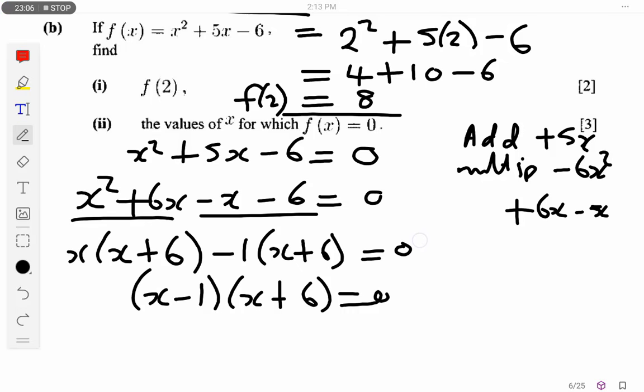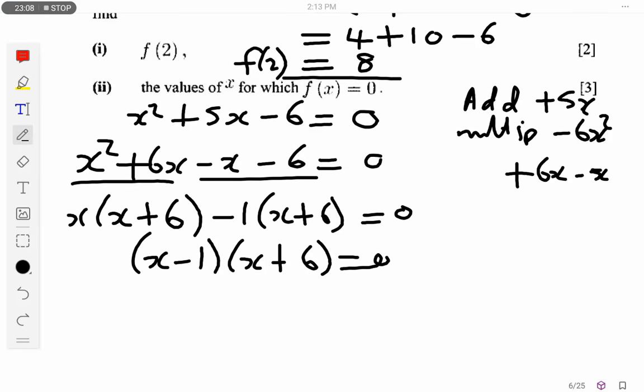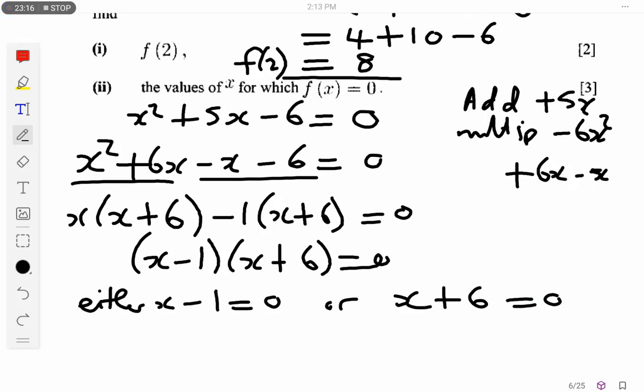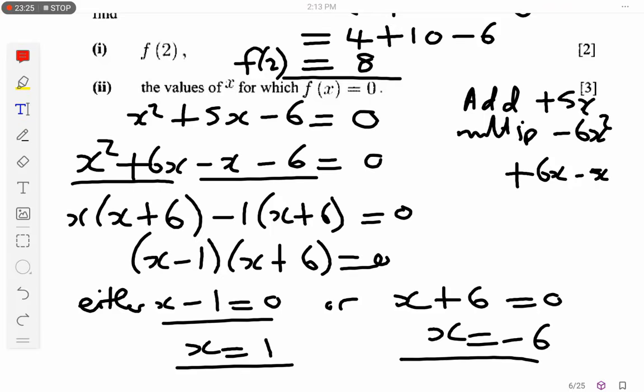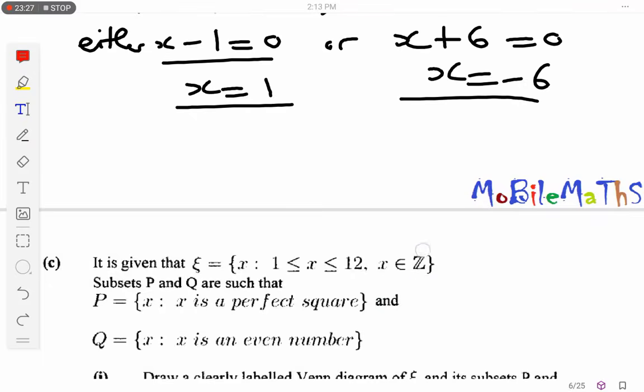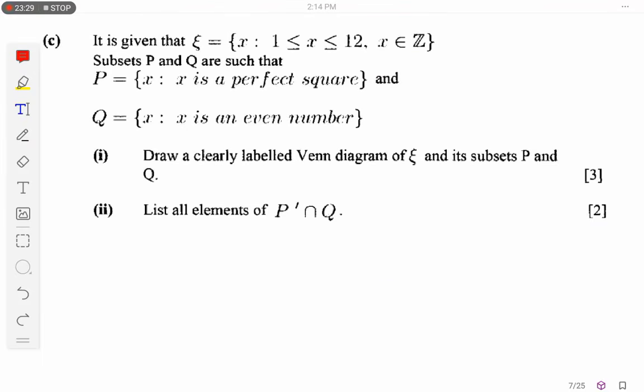So for my answer, either x minus 1 is equal to 0 or x plus 6 is equal to 0. I can solve: here, x is equal to 1. For this one, x is equal to minus 6. So these are the two values for our x. Let's move on to the next question.